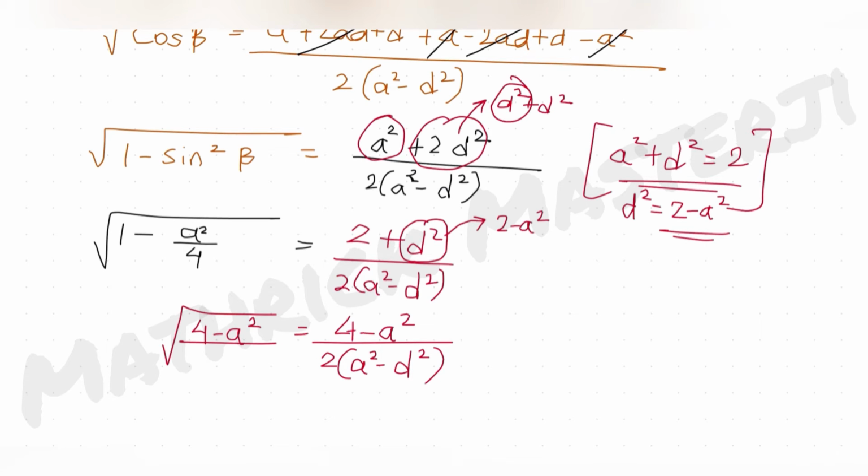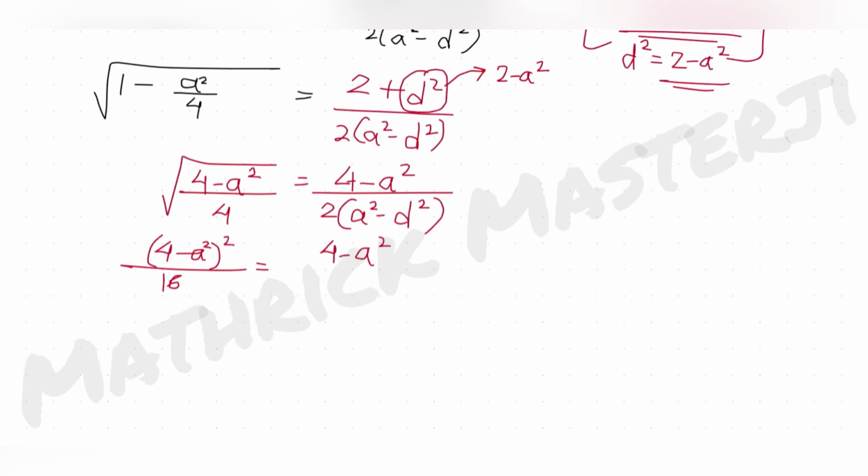So if I take the square of both of them, let's see what I get. So if I take the square, I get from here 4 minus a square, the whole square divided by 16 is equal to 4 minus a square divided by 2a square minus d square. So I get one term cancelled here.